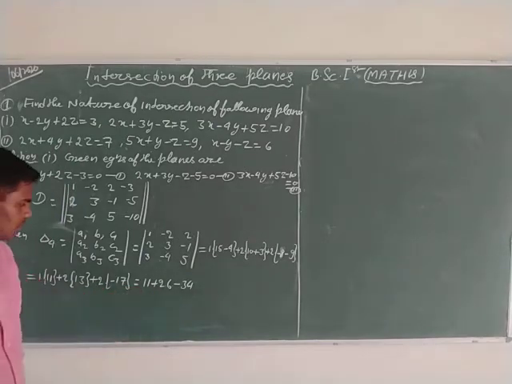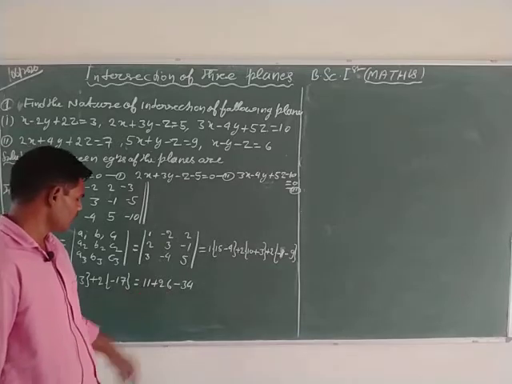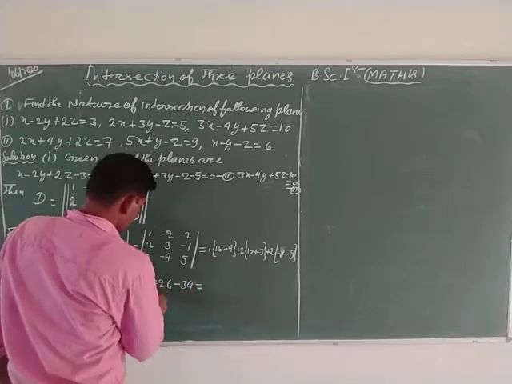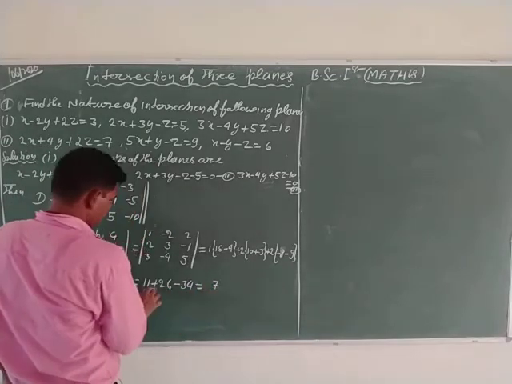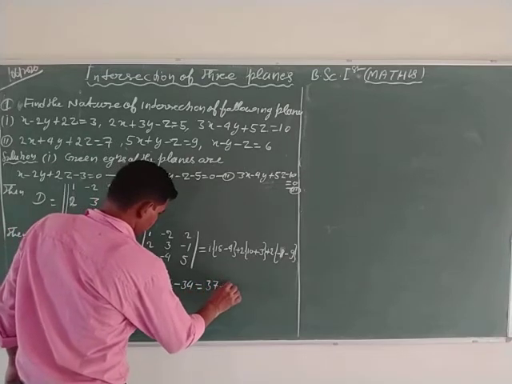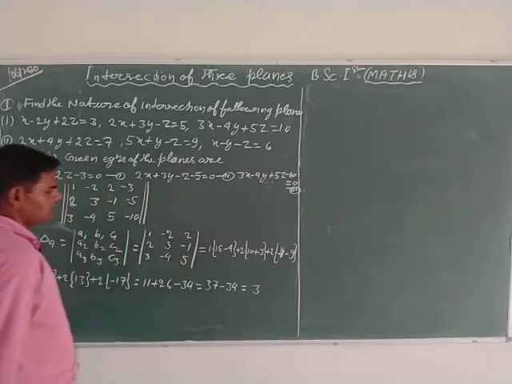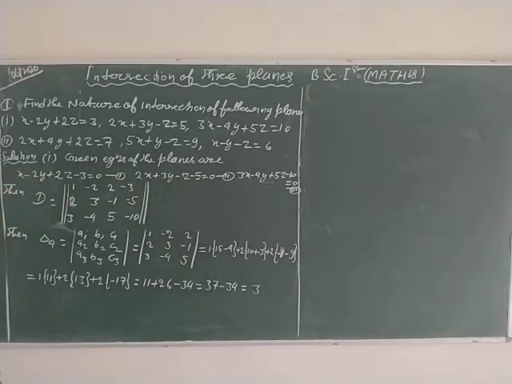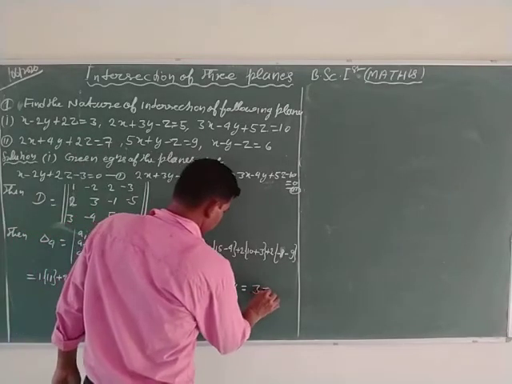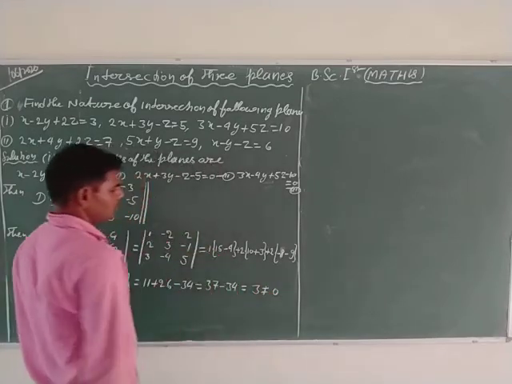So simplification of this and adding 11 plus 26 is equal to 37, and 37 minus 34 is equal to 3. So delta 4 is equal to 3, which is not equal to 0.